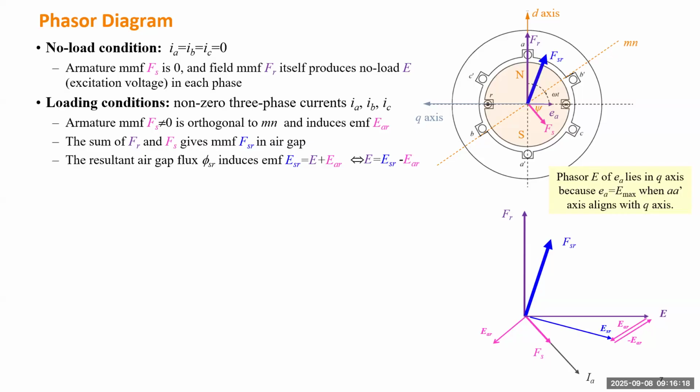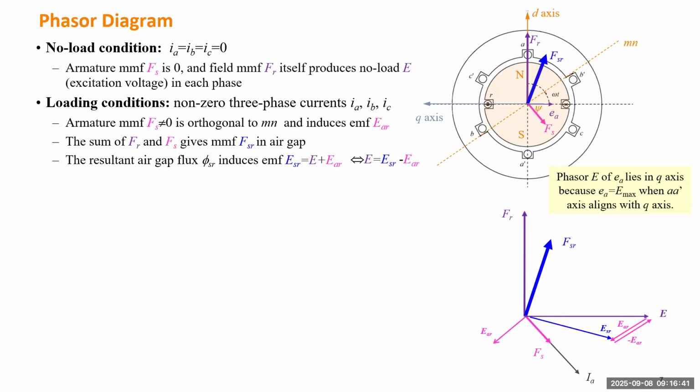And we can also easily tell this voltage is 90-degree lagging this magnetomotive force, which means this voltage is also lagging this current. And this part is orthogonal to this current. Yeah, the negative EAR is in parallel with EAR. So this one is 90-degree leading the current.